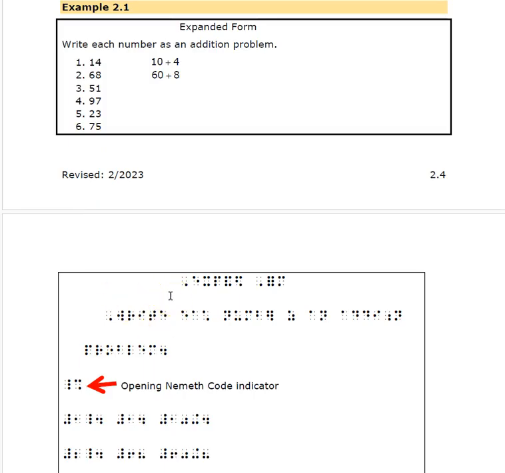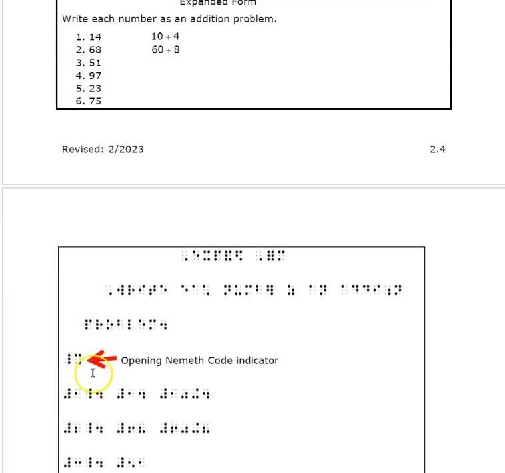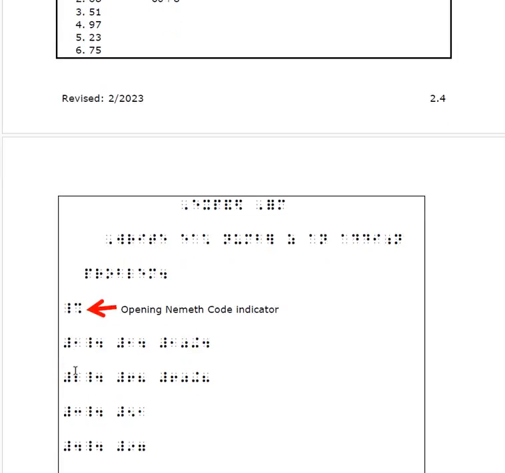Because this has words in it, we went ahead and wrote expanded form, write each number as an addition problem, and then we have our opening Nemeth indicator, because all this 1 through 6 is just numbers, and we want to use Nemeth for that. So we do 4, 5, 6, and then an SH.